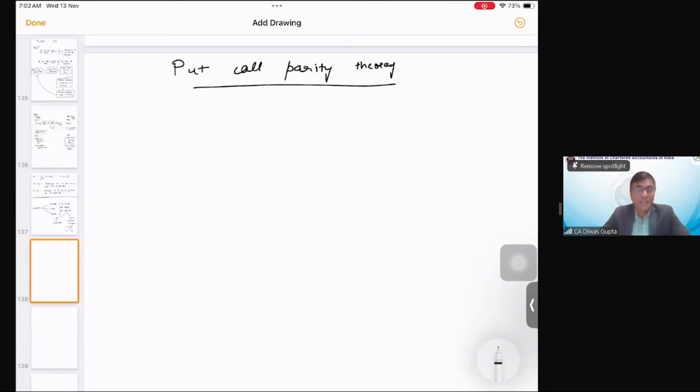It was purchasing a call option and investing the present value of the strike price today, because in case we have to exercise the option later on, the amount equivalent to the strike price has to be paid.